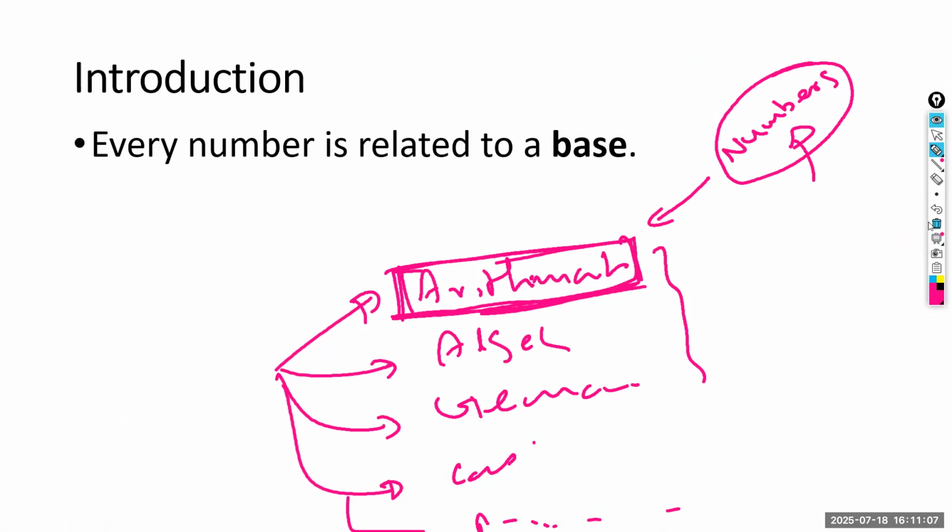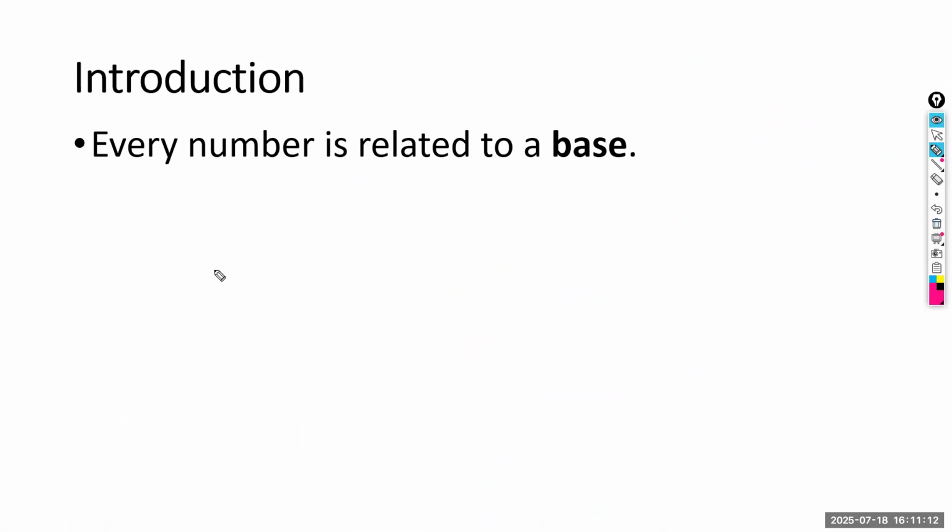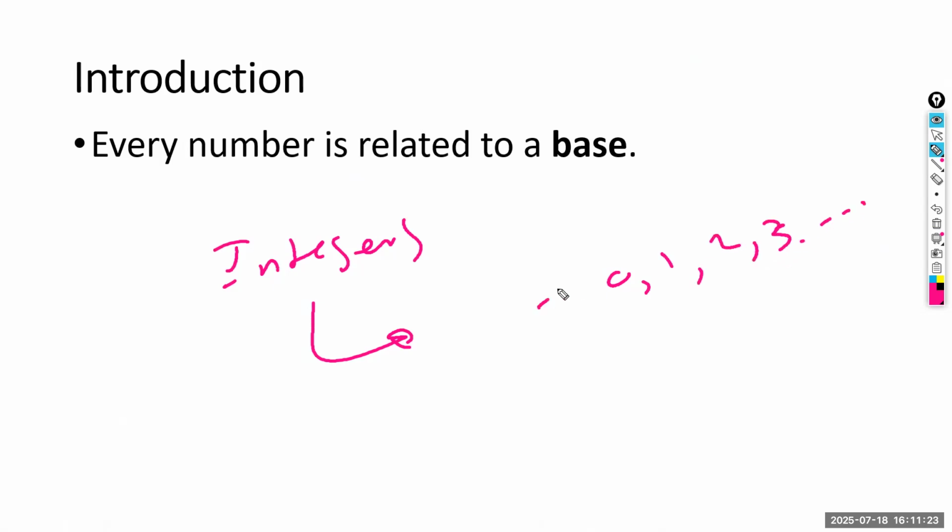First of all, you must know that there are different types of numbers. There are what is known as integers. Integers are something like 0, 1, 2, 3, -1, -2, -3, and so on.